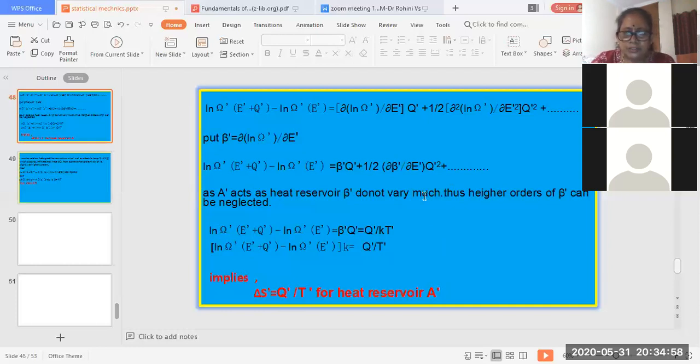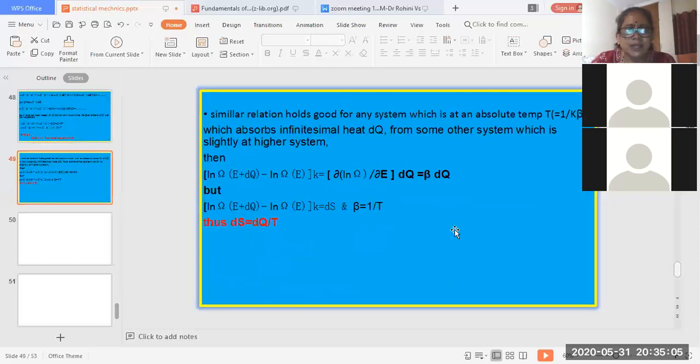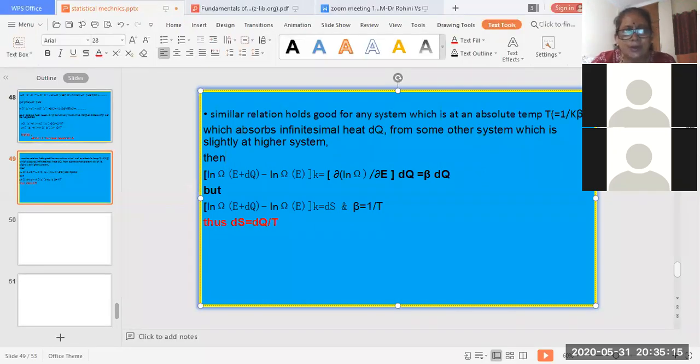I will go to the next slide. So you can see here, I can write a similar relation that holds good for any system which is at an absolute temperature T. So here I wrote it for T dash. One minute, I'll come back.